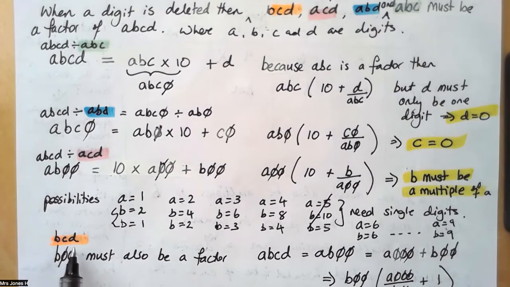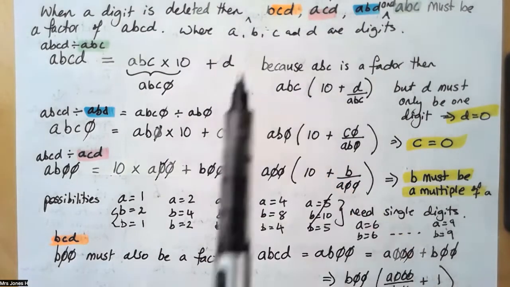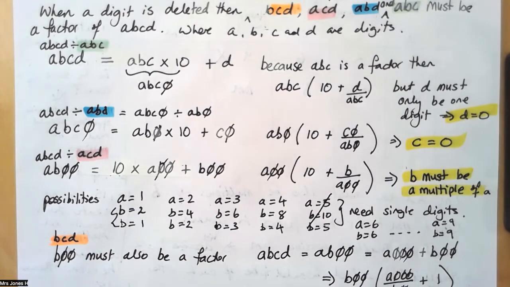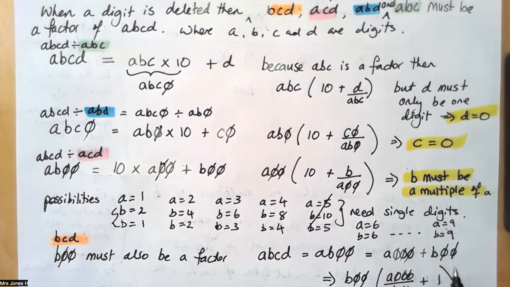So where the final one up here, BCD, B00 must also be a factor. So therefore, ABCD equals, we know AB00 now, and that can be written as A000 add B00, so A times 1000, B times 100. We take out that factor of B00, and we're left with this expression here.